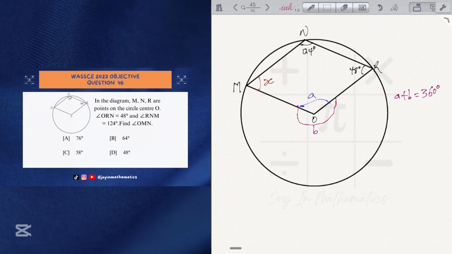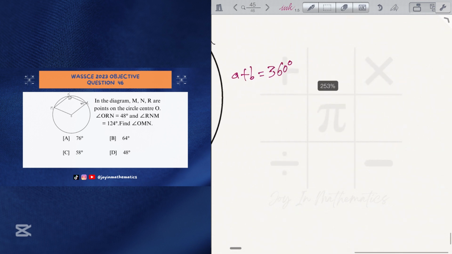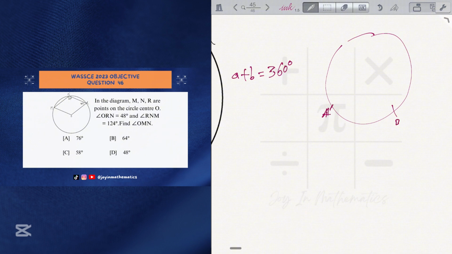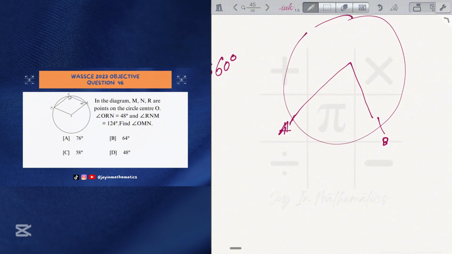Now, we recall that we have discussed circle geometry before, where we have a circle, and if we have an arc AB, and this arc projects an angle to the center, let's call it X, and projects another angle to the circumference, let's call it Y, then the angle at the center, X, is 2 times the angle at the circumference.